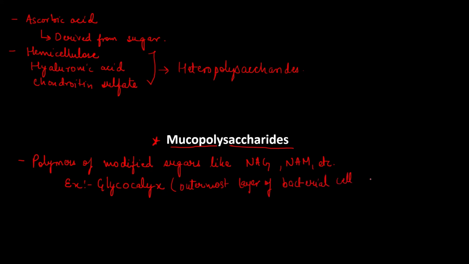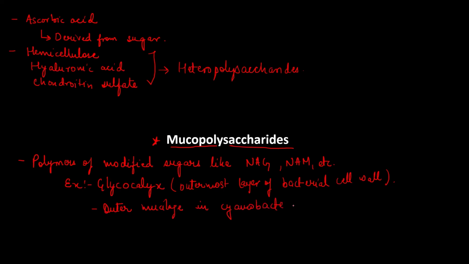Then apart from glycocalyx, we also have mucilage that is present on the surface of cyanobacteria. So the outer mucilage in cyanobacteria.